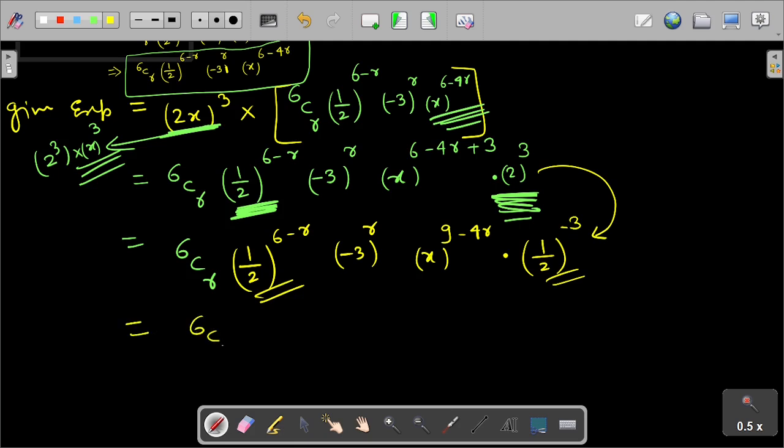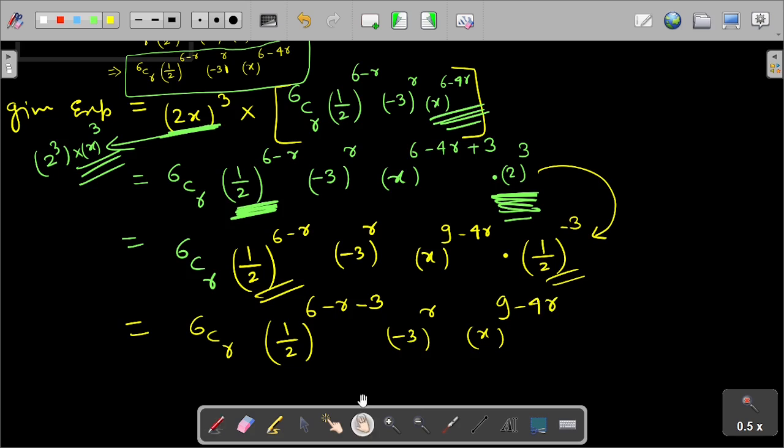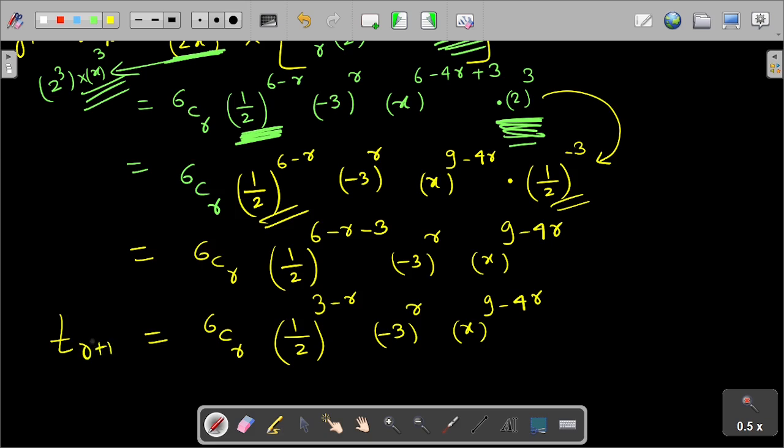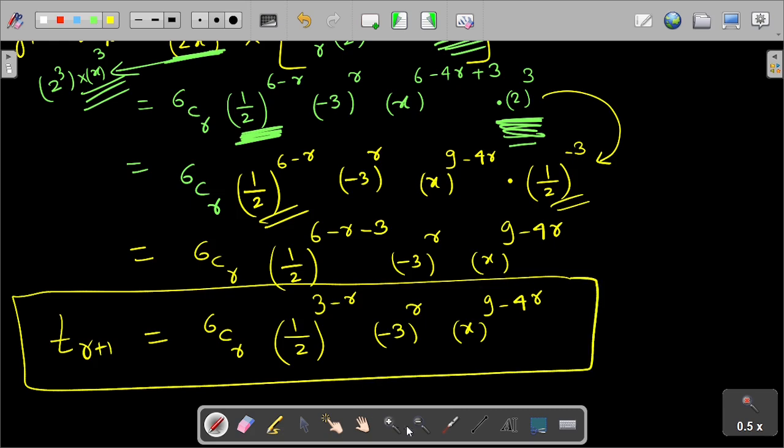So you can write 6Cr (1/2) raised to power 6 minus r minus 3, (-3) raised to power r, and x raised to power 9 minus 4r. I am writing just step by step for your understanding. You can skip and do it fast also, no problem. So this is (1/2) raised to power 3 minus r, (-3) raised to power r, and x raised to power 9 minus 4r. This is the general term, that is the T(r+1)th term for your complete given expression, isn't it?